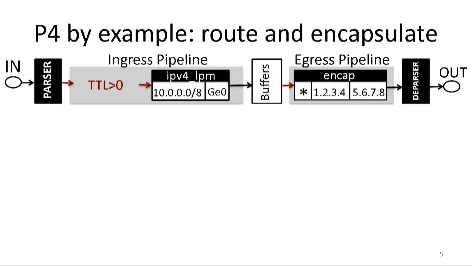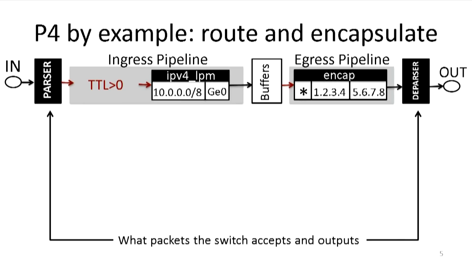I'll skip the customary P4 introduction and dig right into it. This is a P4 program. It doesn't look like one, but trust me, it is a P4 program. This does IPv4 routing and then IPv4 encapsulation. You know this because I've told you. However, if you wanted to come up with this information by yourselves, you had to look at the parser and deparser specification.